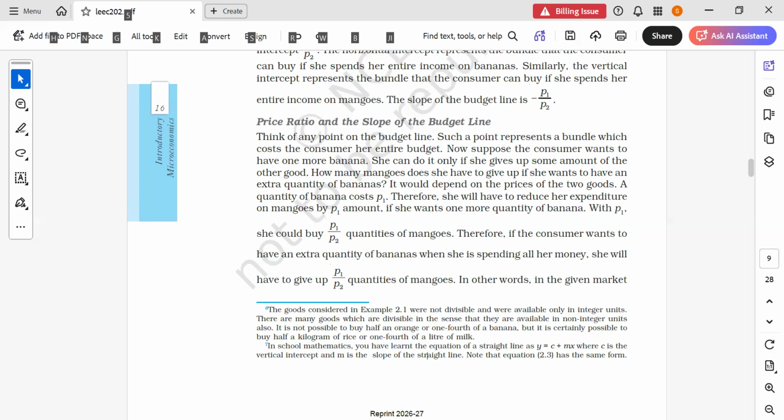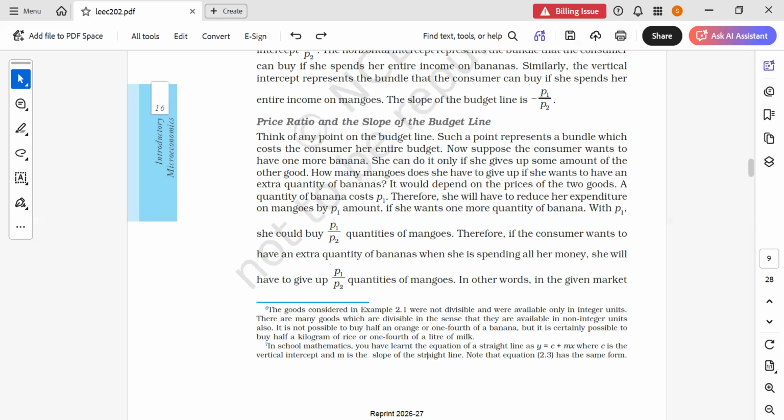This is the case of case 1, where the price of good 1 has increased. Similarly, we can also draw it if the price of good 1 has decreased. What would happen in that case?